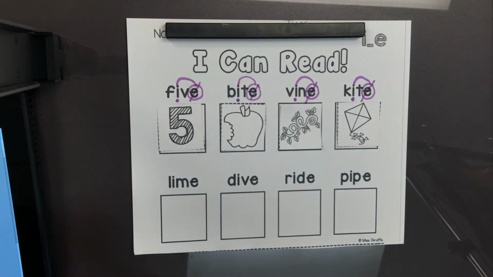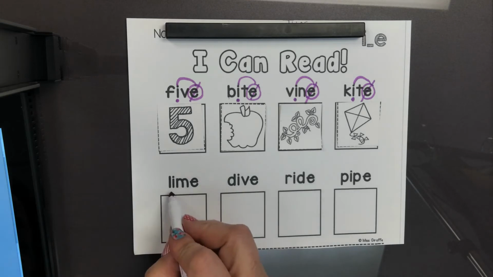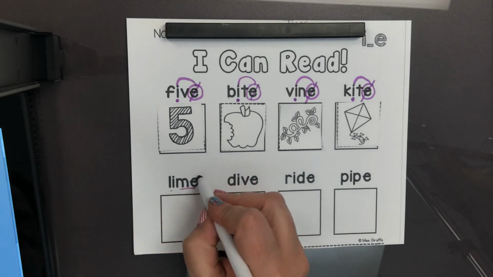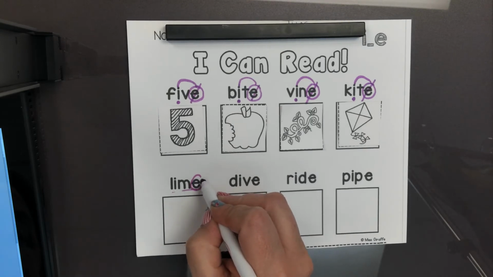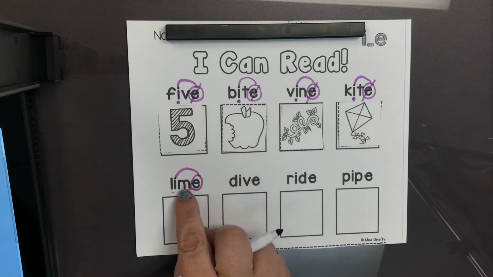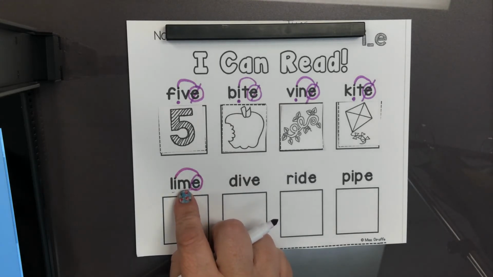Let's practice the rest of the words. Look for a magic E. Here is an E. Does it jump over a consonant? Yes, it does. M is a consonant.